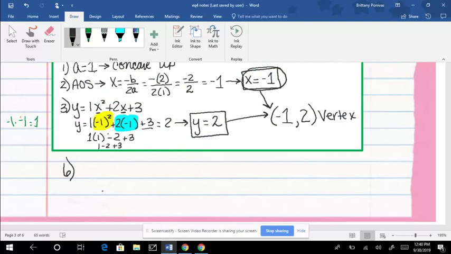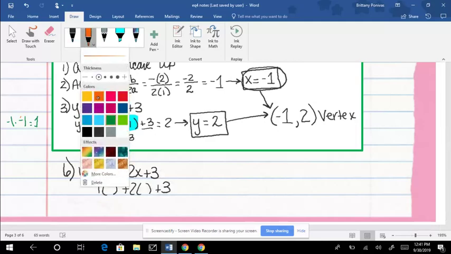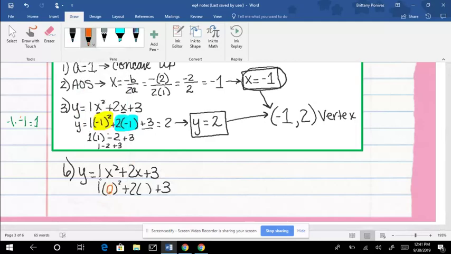You cannot find roots and zeros, but we can find our y-intercept. So our y-intercept, you take this equation that we were given and you plug 0 in for x. So 1 times, instead of that x, we're going to plug in a 0, squared, plus 2 times, instead of that x, we're going to plug in a 0, plus 3.